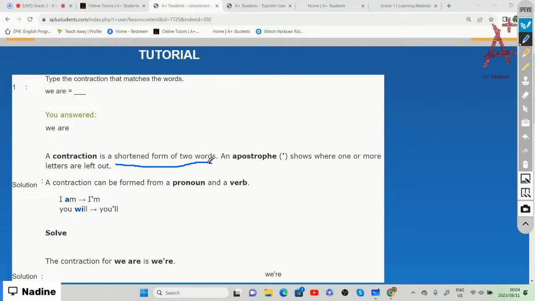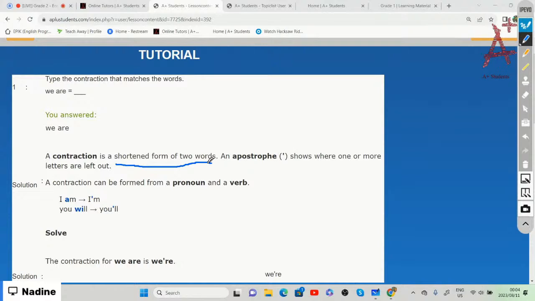Once we put those two words together, we use an apostrophe to show where one or more of the letters are left out. So a contraction is a shortened form of two words, and we add an apostrophe to show where one or more of the letters are left out.